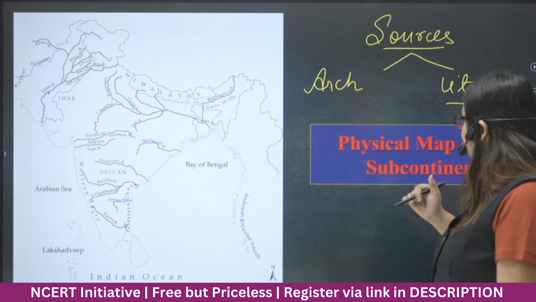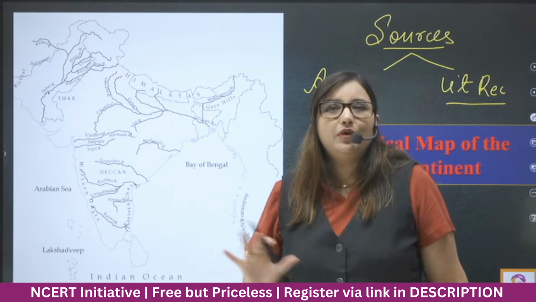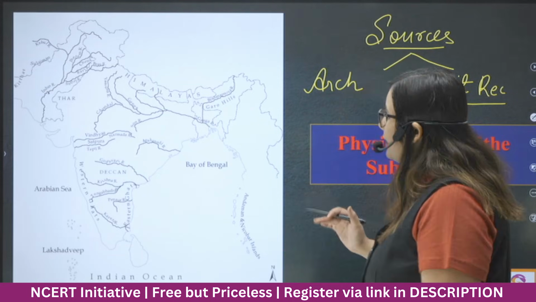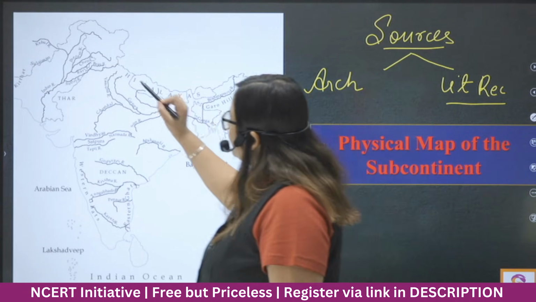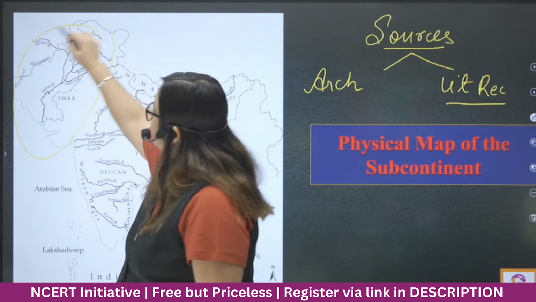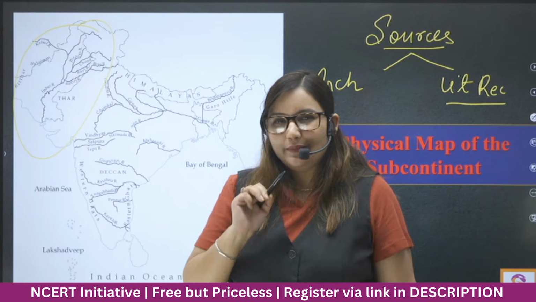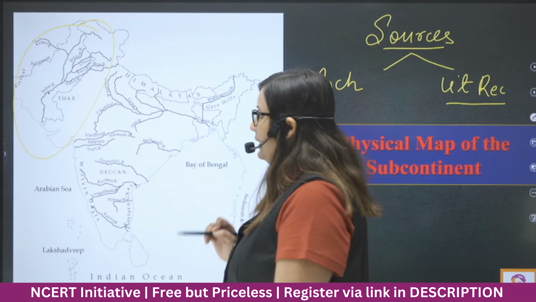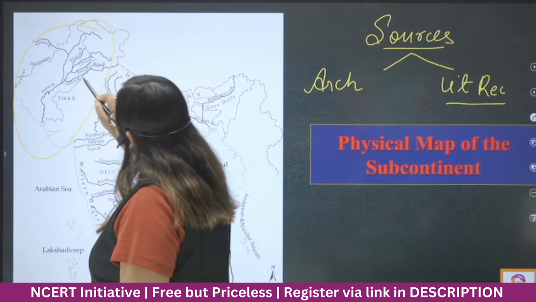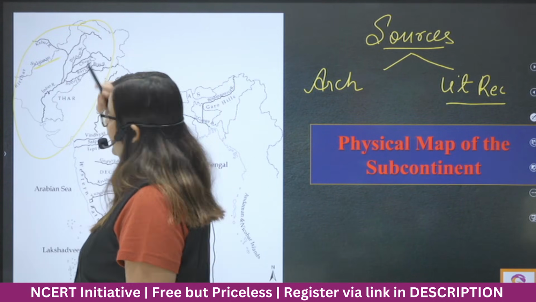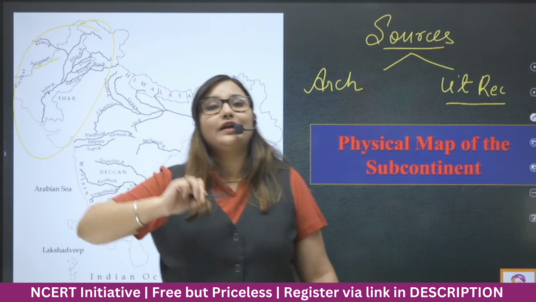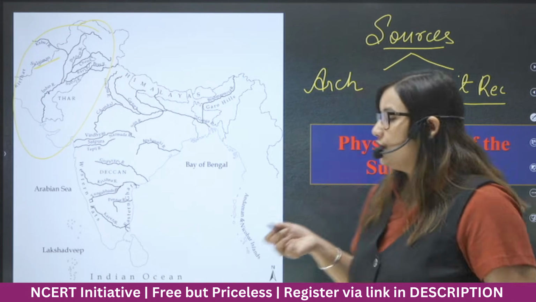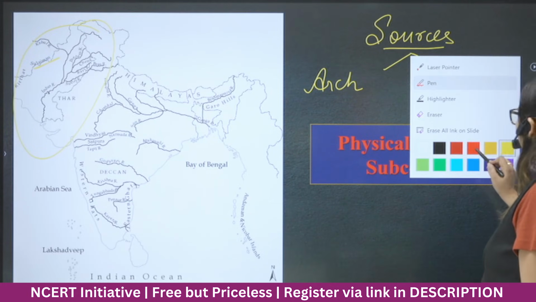Okay. Now, this is a physical map of our subcontinent, and here I just want you to look at this particular part. Okay, in the beginning of your NCERT, it's written that near the Suleiman and Kirthar ranges, people started growing crops. So from here, agriculture got started.